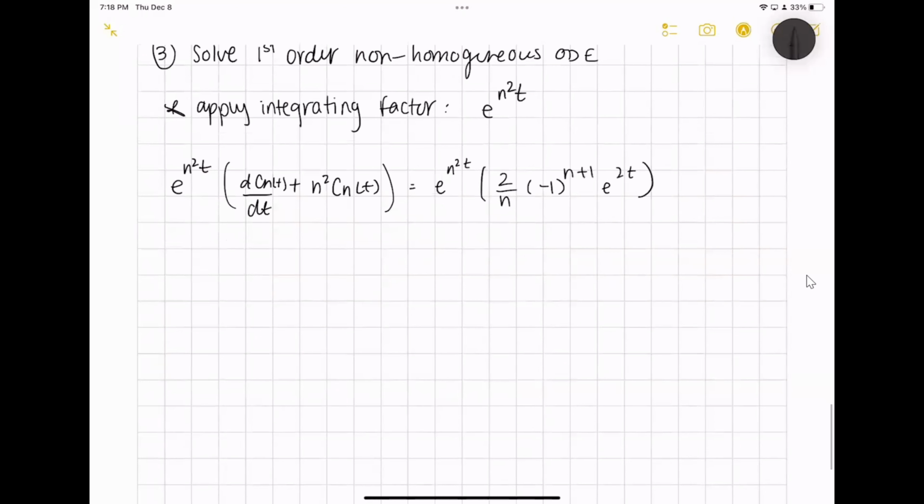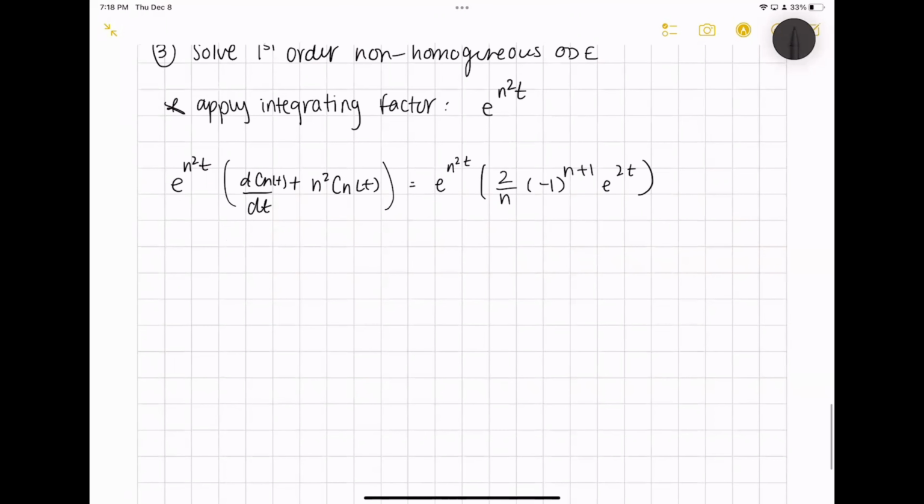And then by using the integrating factor, we can let the left-hand side simplify down to this, the integrating factor times our variable. And then the other side becomes this.